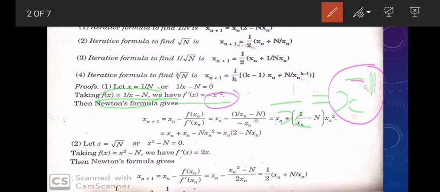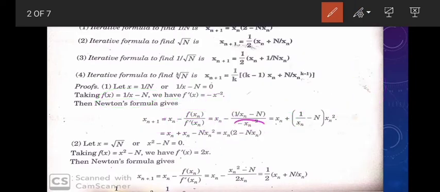This is the Newton-Raphson formula which we studied in the previous lecture. If we substitute the values, f(xn) is 1 by xn minus N, and f dash xn is minus xn to the power minus 2. If we simplify, it becomes this. So this is the proof of the formula.